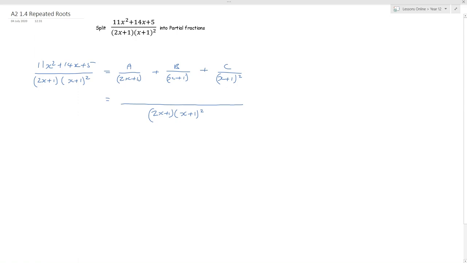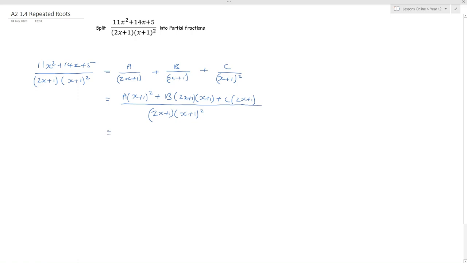Now A is already over 2x plus 1, so we've got to multiply it by x plus 1 squared, plus B, that is over x plus 1, so we need to multiply it by 2x plus 1 times x plus 1, plus C, that's over x plus 1 squared, so we need to multiply it by 2x plus 1.